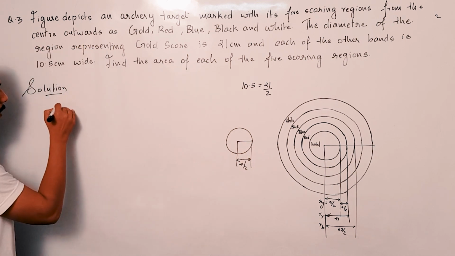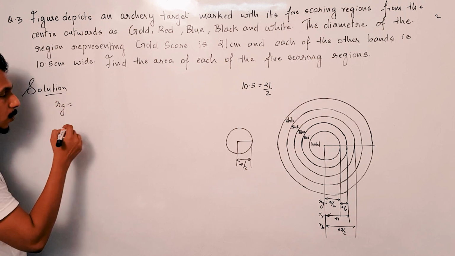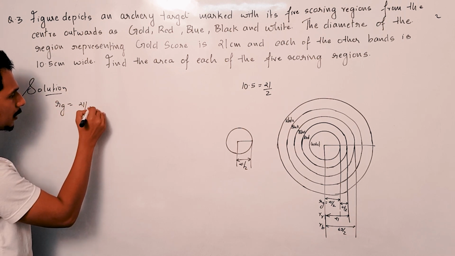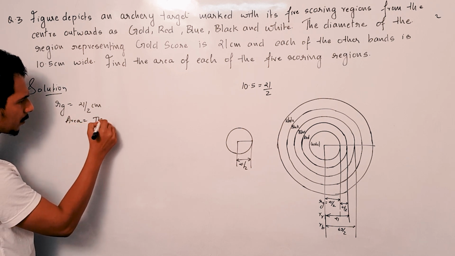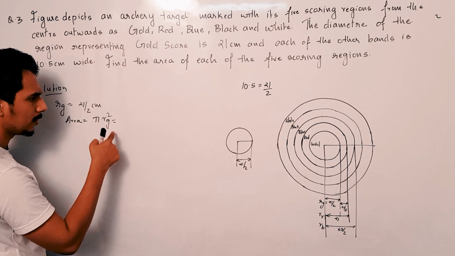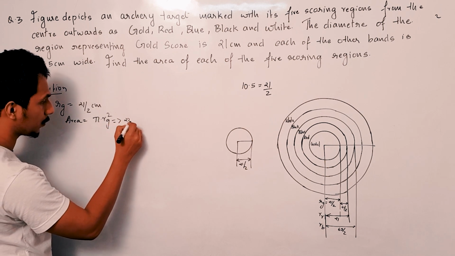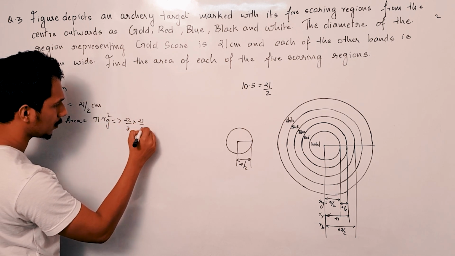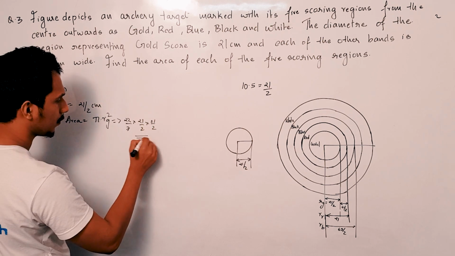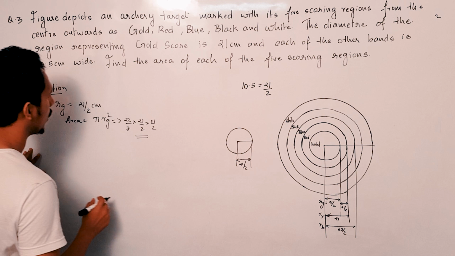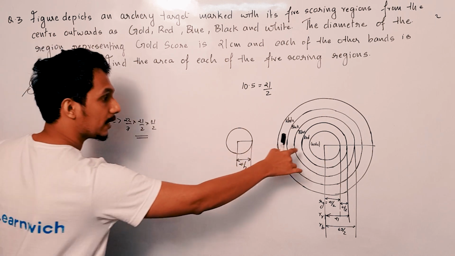Okay, so radius of gold is 21 by 2 centimeter. So its area can be easily calculated. That will be pi RG square, that is 22 by 7 into 21 by 2 into 21 by 2. So you cancel and you get an answer for gold. That's the gold region.